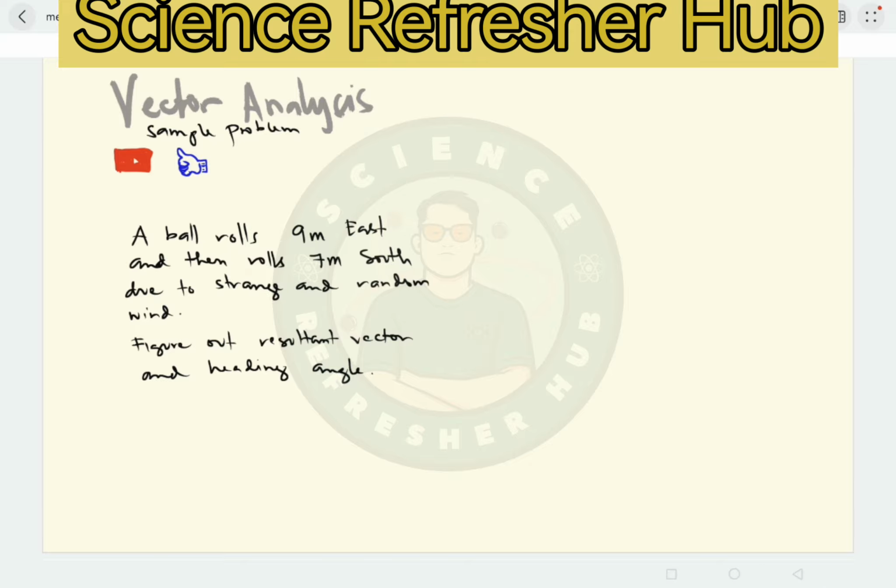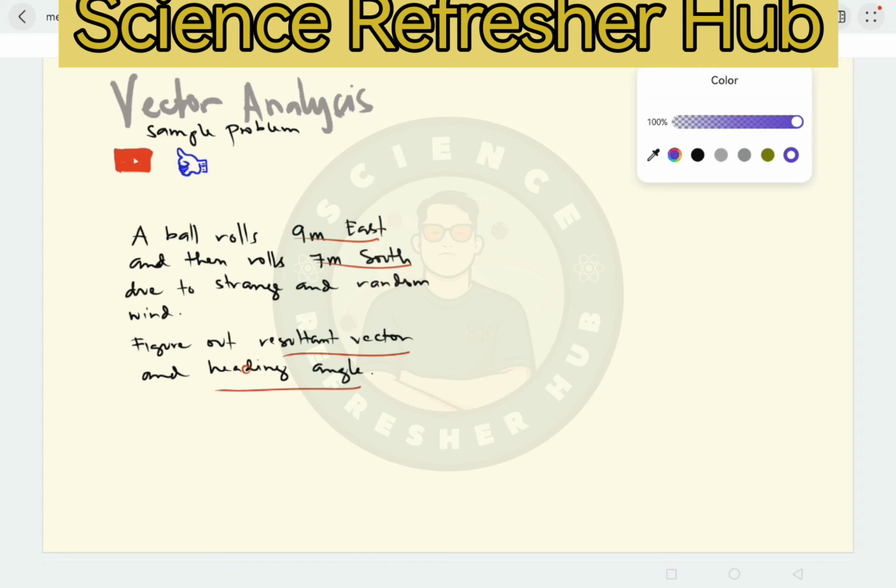So our problem: a ball rolls 9 meters east and then rolls 7 meters south due to strange and random wind. These are the tasks that we need to do at this very moment: figure out the resultant vector and the heading angle. So how are we going to get the resultant vector?